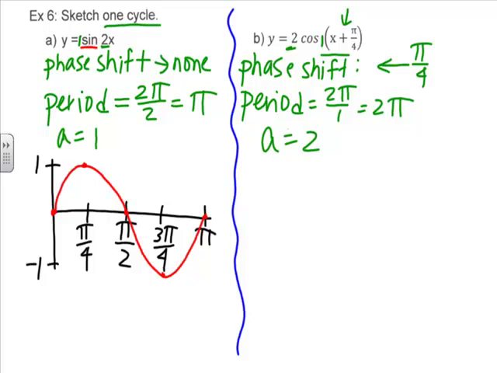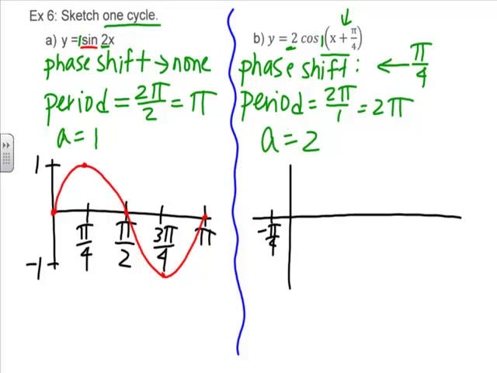Okay, so half the battle for this one is setting your grid up. So I'm going to go ahead, and unfortunately if you struggle with fractions, this one might hurt you a little bit. So I know I have to start over here at negative pi over 4, negative a quarter.